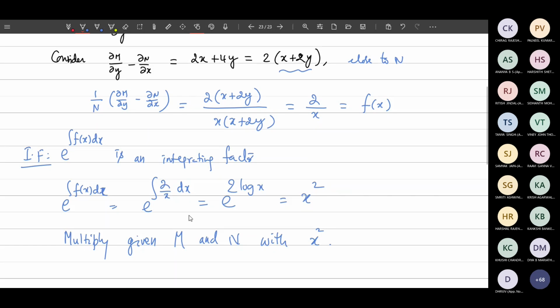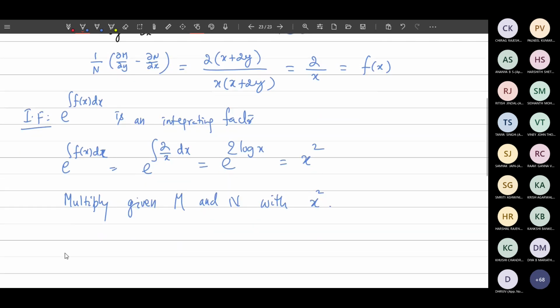Then what is new value of m? New value of n. New value of m is, after multiplying the given m with x square, this will be 4x cube y plus 3x square y square minus x; we have x square you are multiplying, therefore x cube. And what is the new value of n?